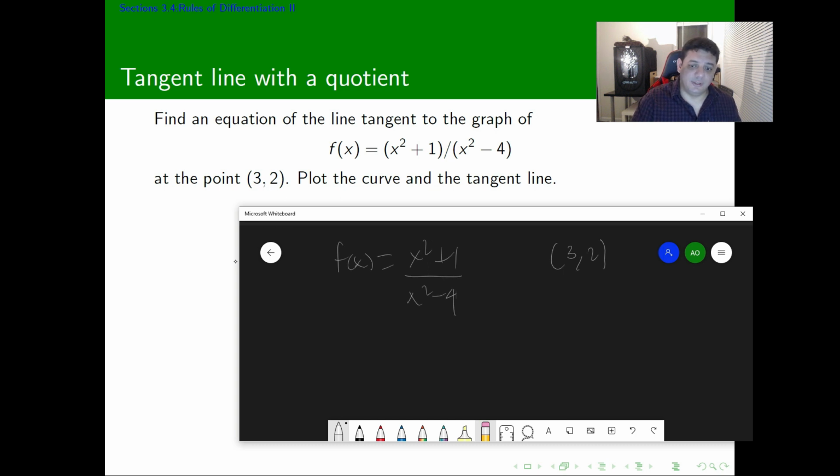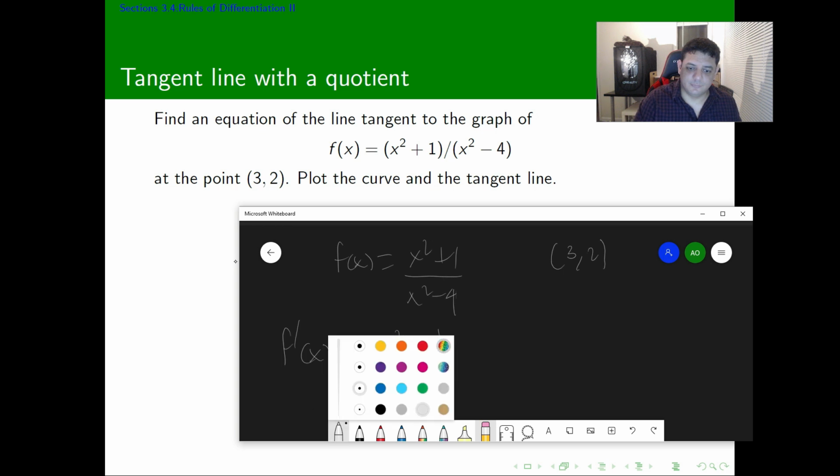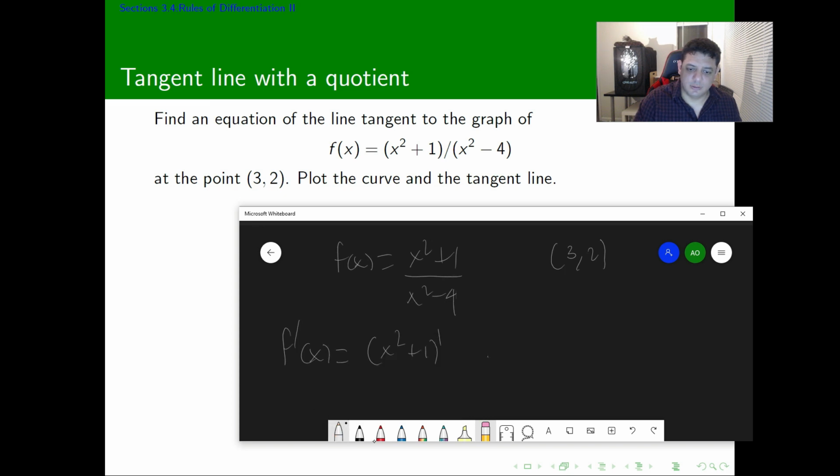Now we need the derivative, f prime of x, and that's going to be the derivative of x squared plus 1, times 2x, which is the derivative of x squared minus 4, minus, sorry, went far ahead.